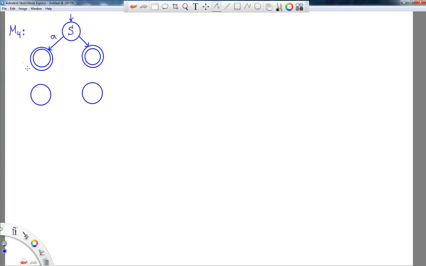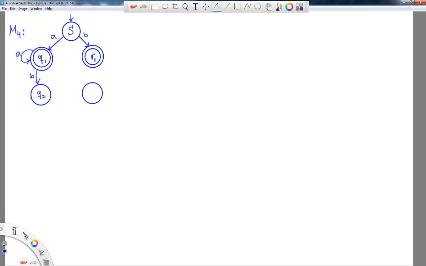So if it sees A, it goes to q sub 1, and if it sees B, if the first element on the string is B, then it goes to the right hand states. So denote them as R sub 1. And then upon seeing A in q sub 1, you stay in q sub 1. If you see a B, you go to Q sub 2.